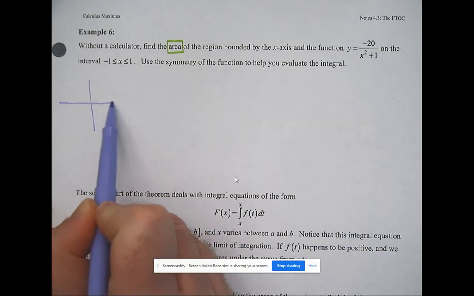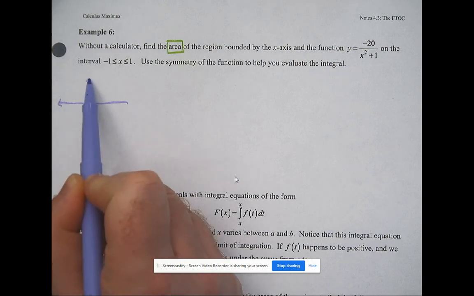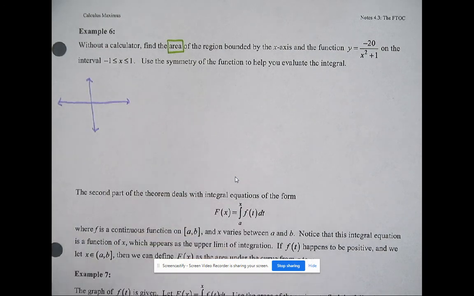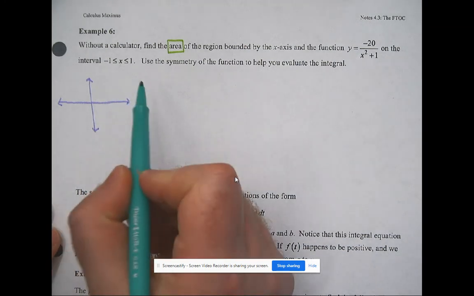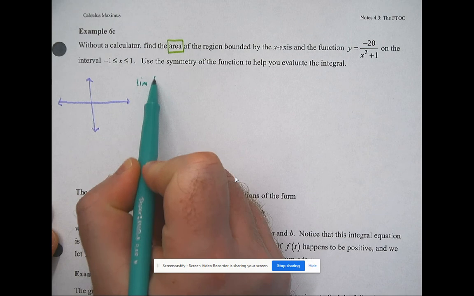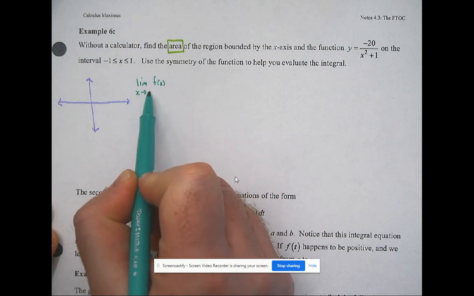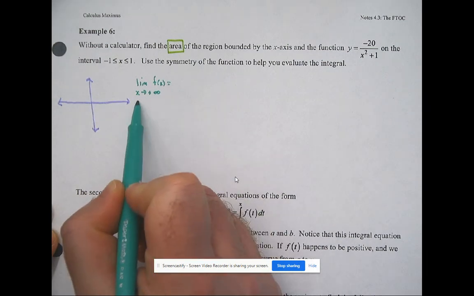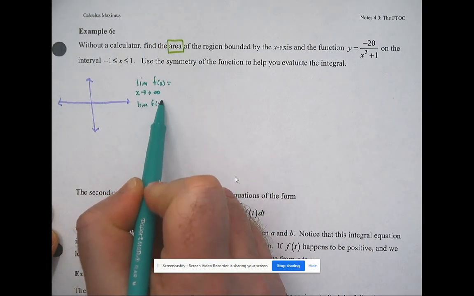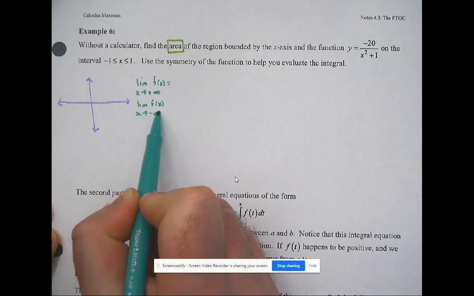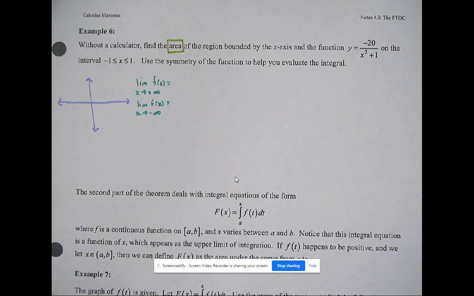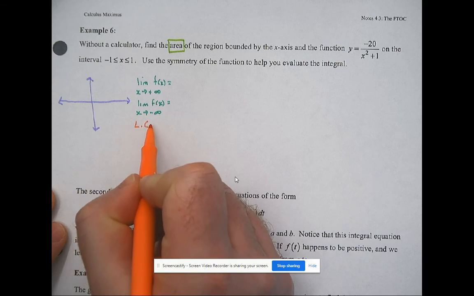So I'm going to encourage you to look for a couple of things with this function. I'm going to ask you to look for the end behavior. So remember, that's the limit of f of x as x approaches positive infinity, and the limit of f of x as x approaches negative infinity. I'm going to encourage you to take a look at what role the leading coefficient plays.